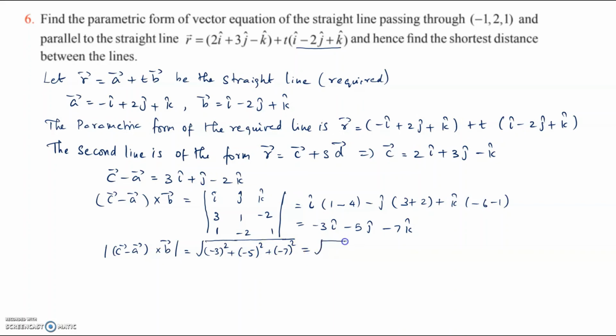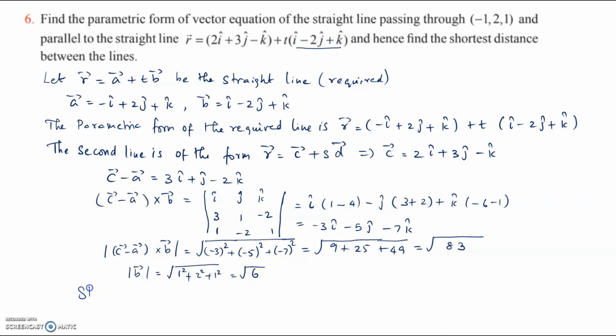So that's equal to 9 plus 25 plus 49, which is equal to square root of 83. Similarly, the magnitude of vector b is equal to root of 1 squared plus 2 squared plus 1 squared, that's equal to root of 6.